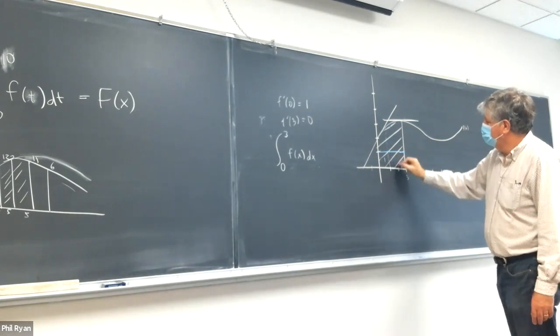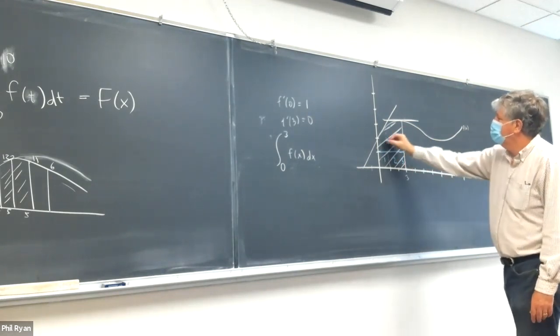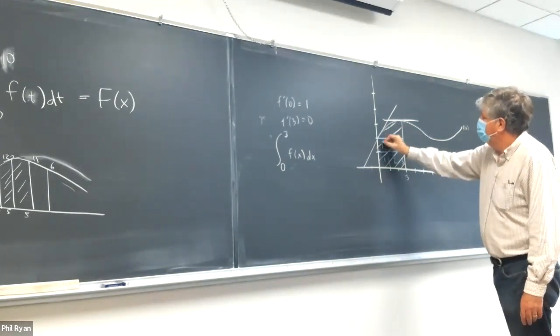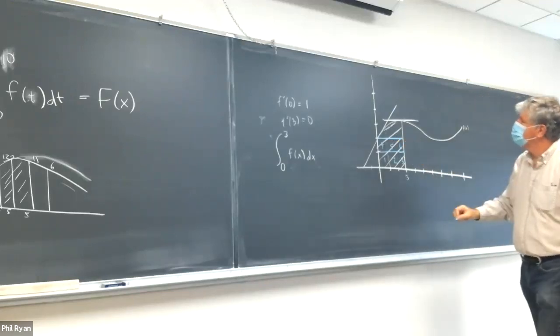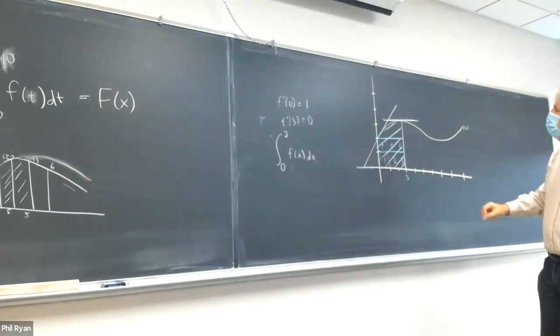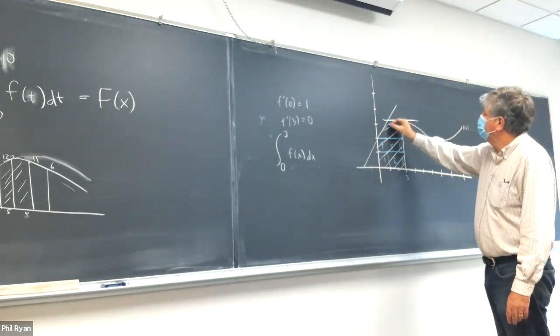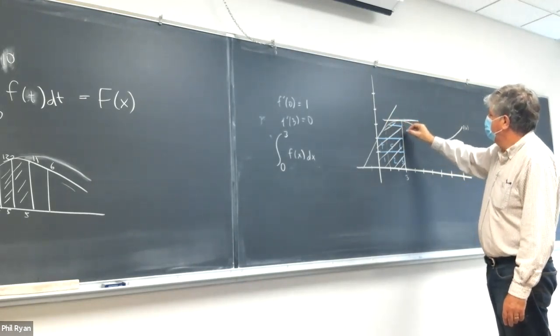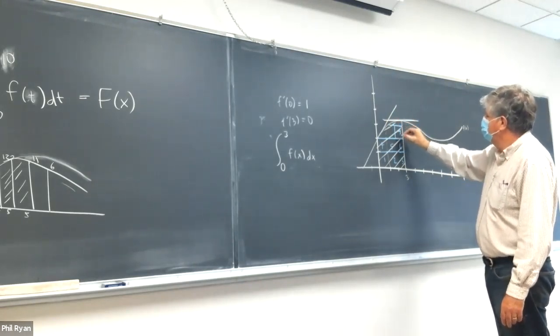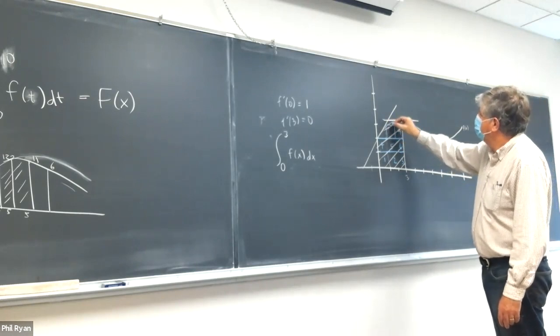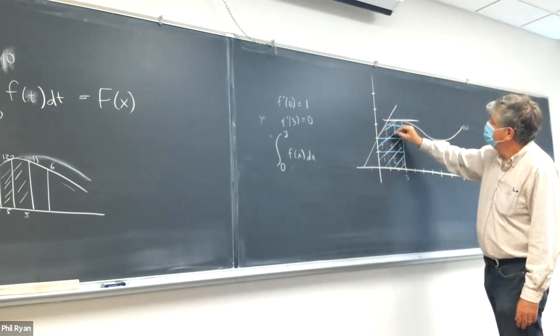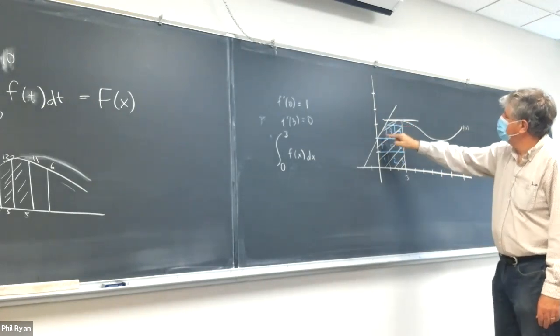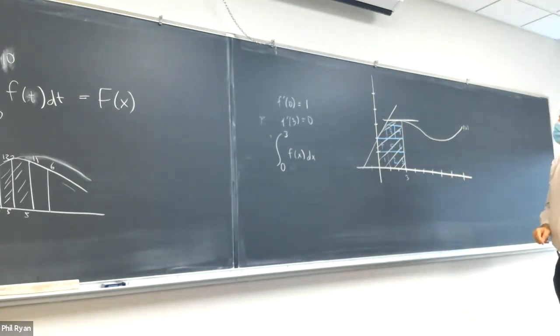So here's 1, 2, 3, 4, 5, 6. And then we've got this guy here, there's a 7. There's an 8 if we borrow stuff from here.